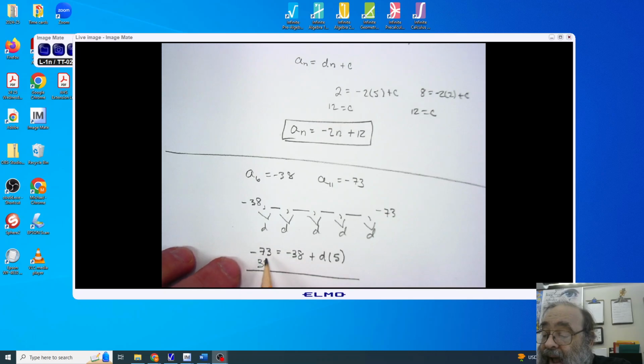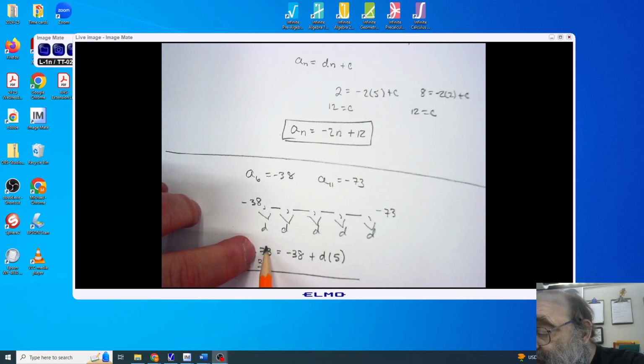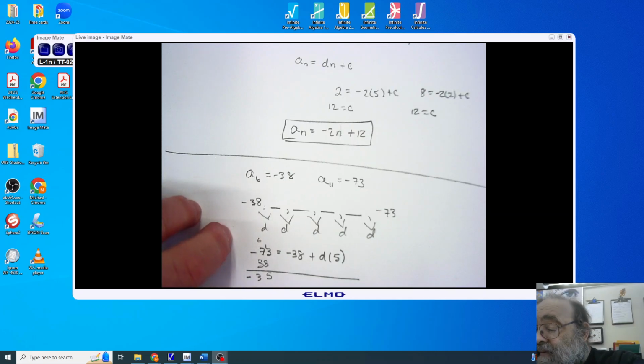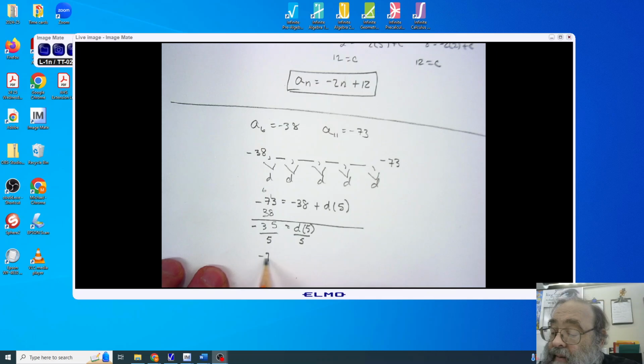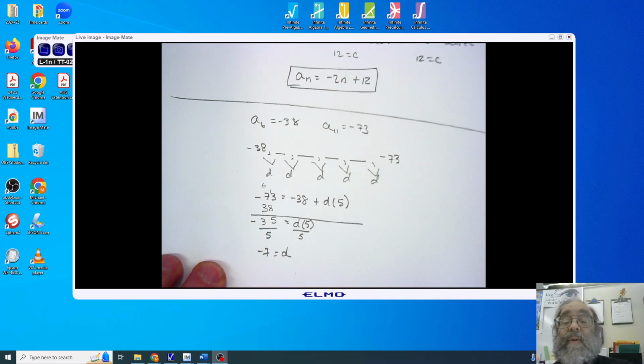I'm going to end up having negative 35 equal to 5d. So let's just double check. If I take negative 35 and I subtract 38, do I get negative 73? Yes, I do. And because this is now equal to 5d, I can divide both sides by 5 and see that negative 7 is the common difference.